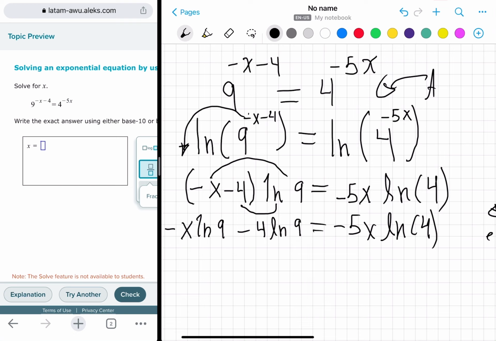And yeah, now that I have distributed the multiplication, I can choose anything that has an x to the left side and anything without an x to the other side.